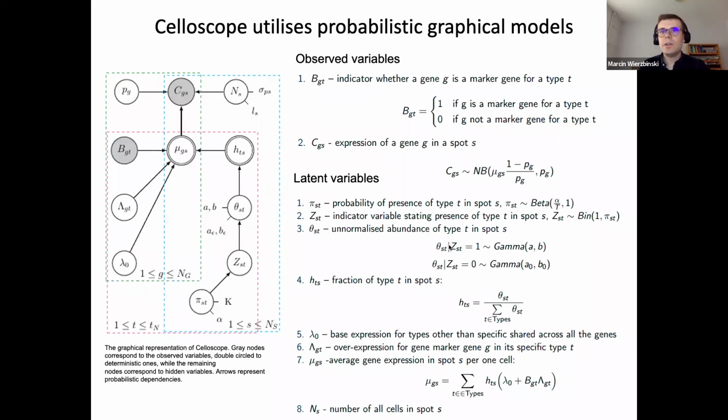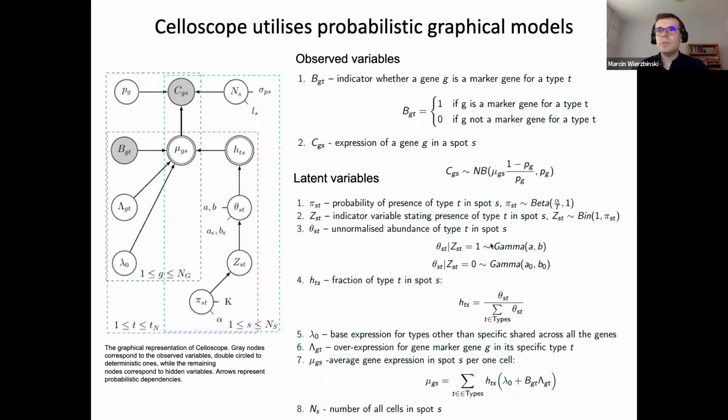And here we have a conditional distribution. For instance, we have the indicator of whether our type is present in a specific spot or not, because sometimes, of course, a spot doesn't contain some type.